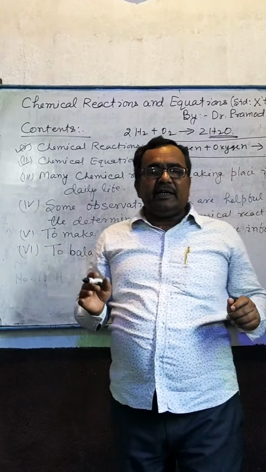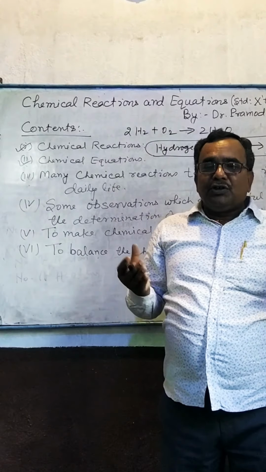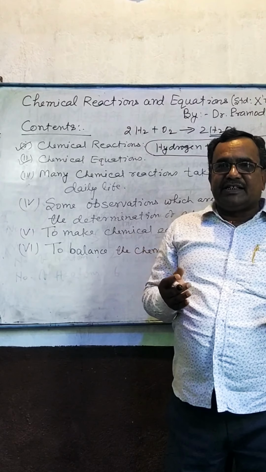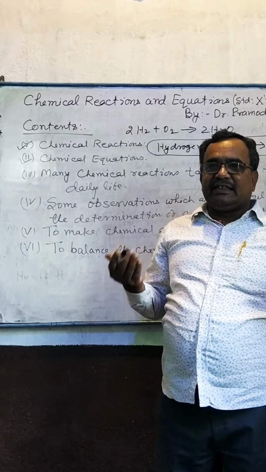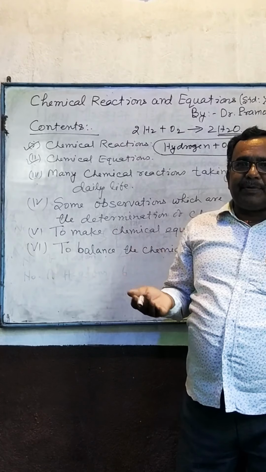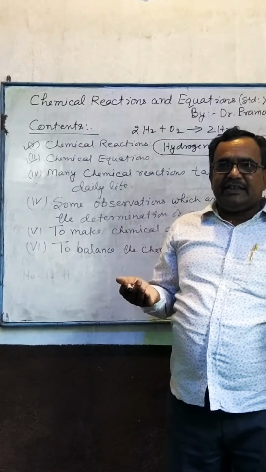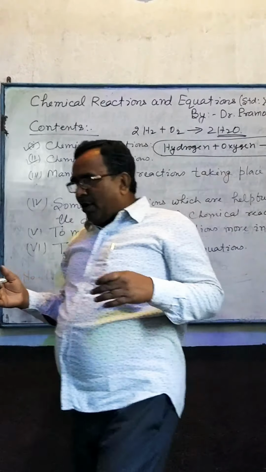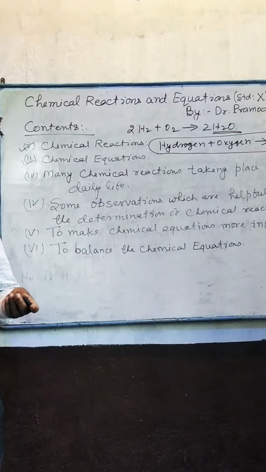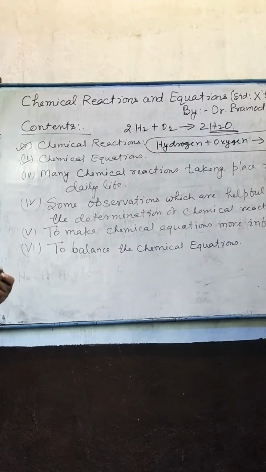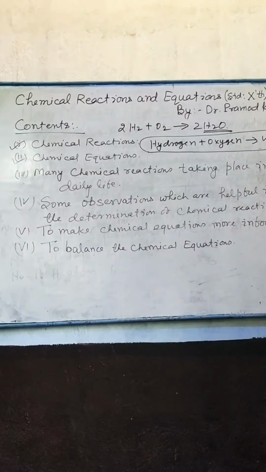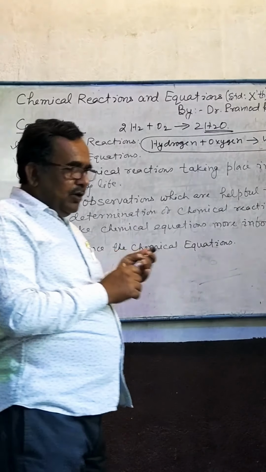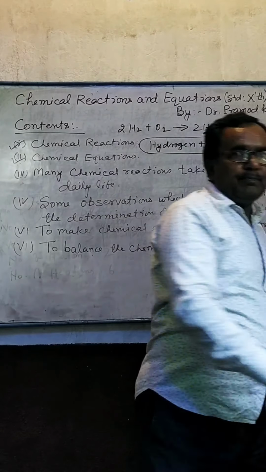Observations during a chemical reaction may be change in color, change in temperature, change in state, evolution of a gas and formation of precipitate. Now we have to define them one by one with examples.